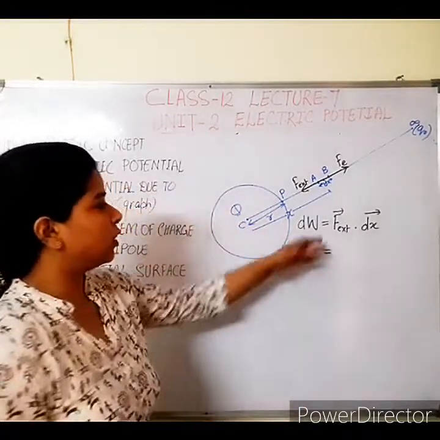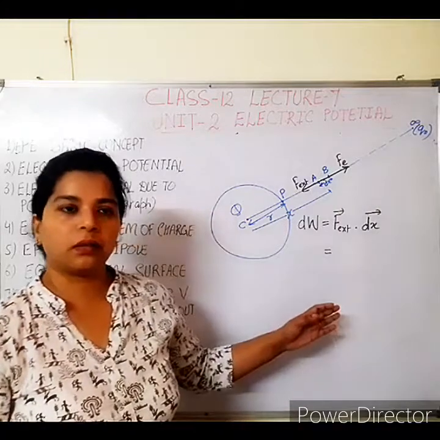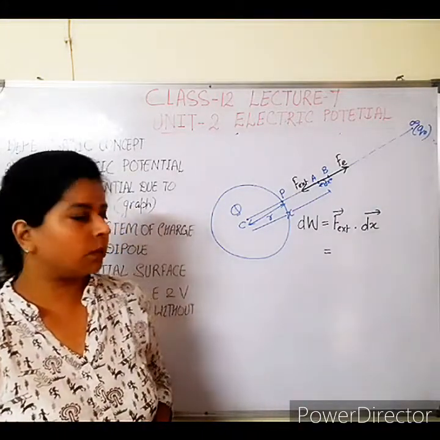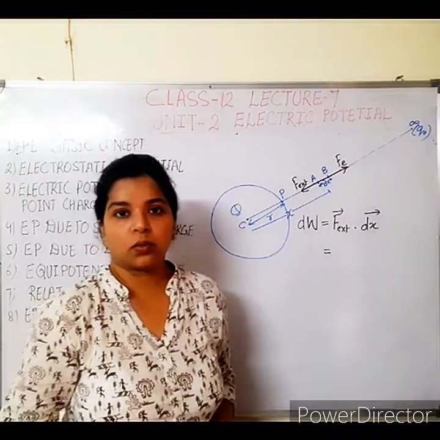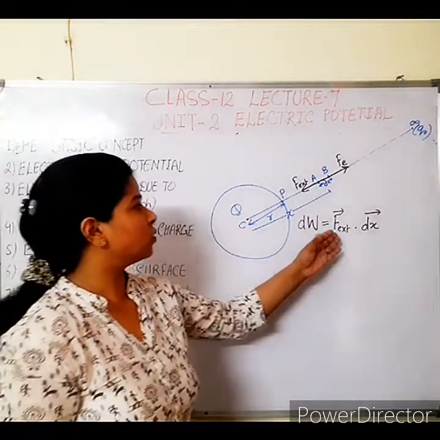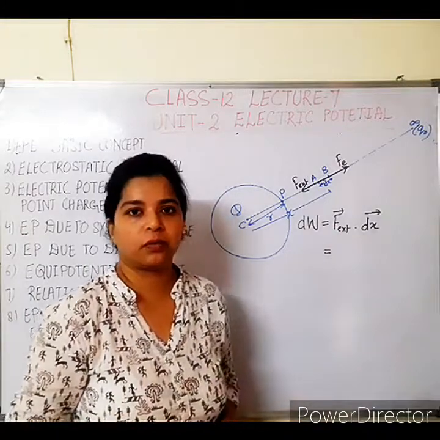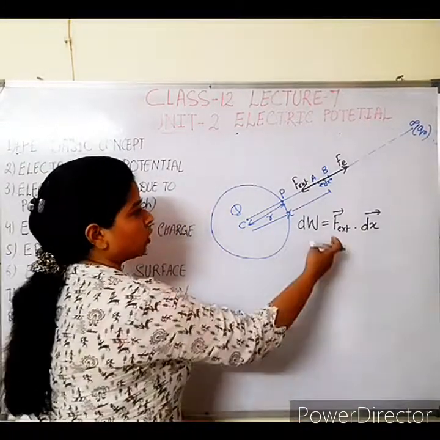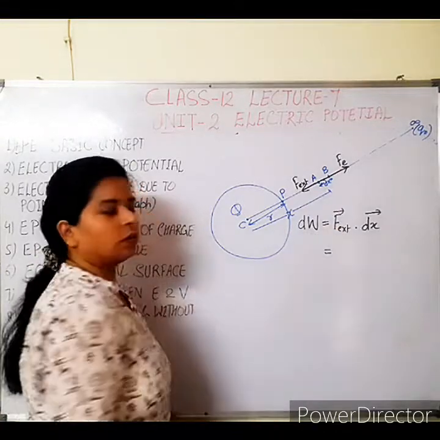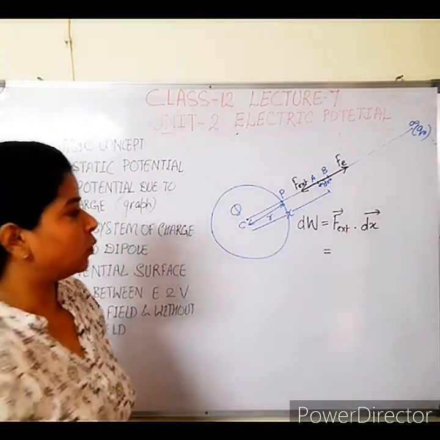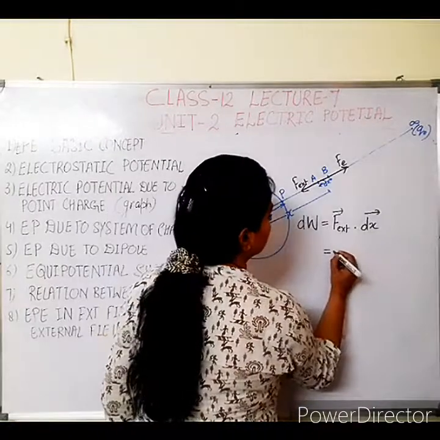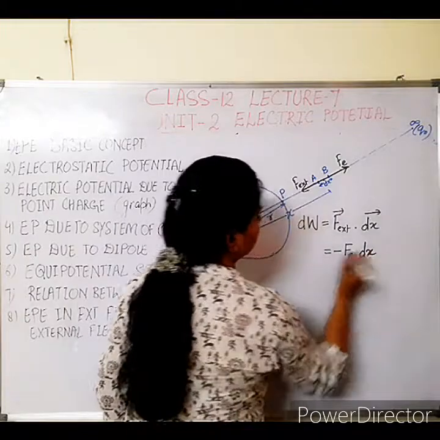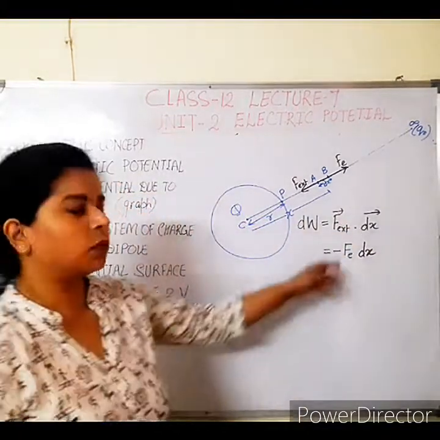To replace this value, if we applied the value of the external force it would come in the form of ma, mass multiplied by acceleration, and here there is no acceleration, so we will not apply the external force in the form of mechanical force. We will apply the electrical force, so we need to convert this external force into electrical force form. It would be with the minus sign, minus Fe into dx. Now we will remove this dot product.